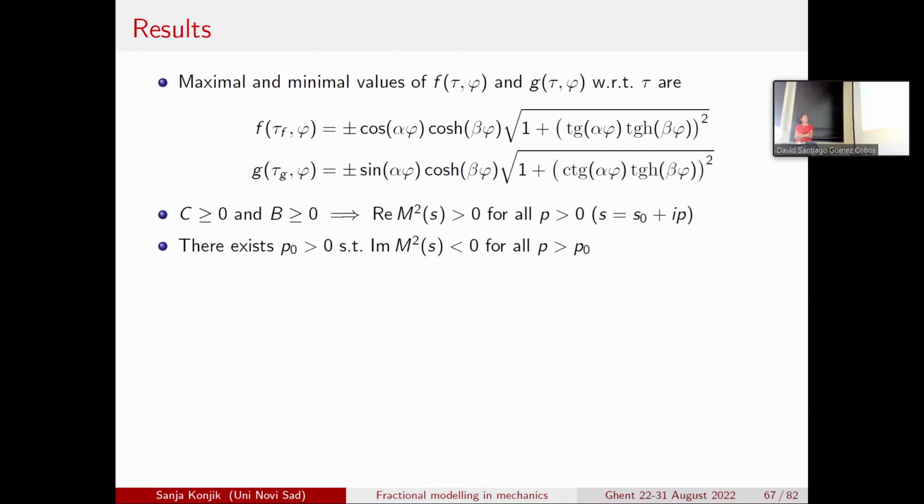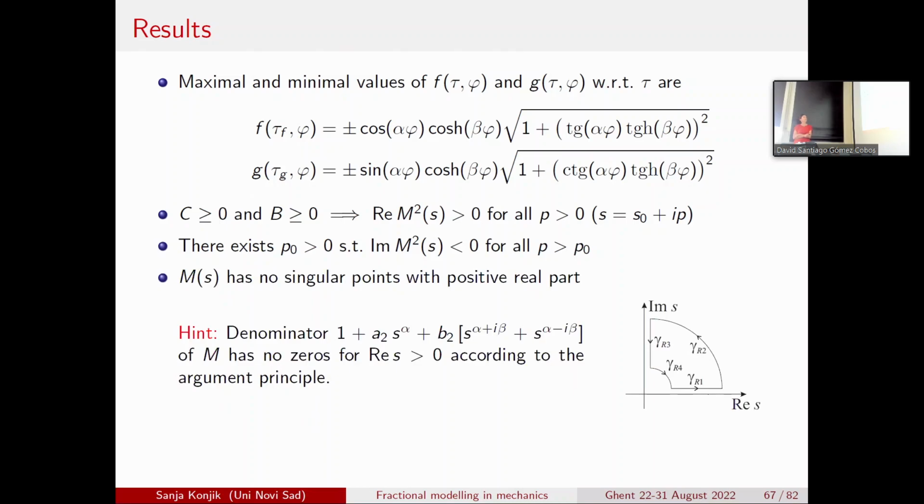Also, there exists a point p0 such that for p greater than that point the imaginary part is negative. And we also prove that M has no singular points with positive real part, and for that, this time we used the contour of this form here.